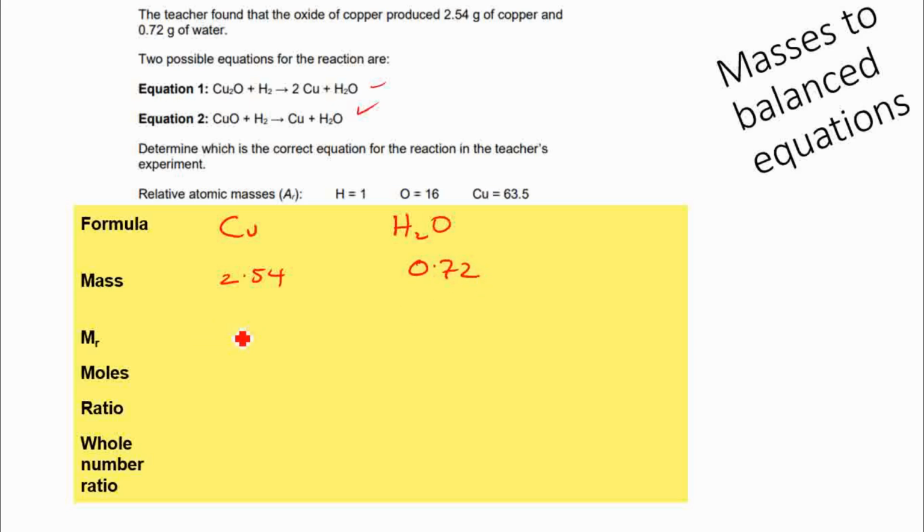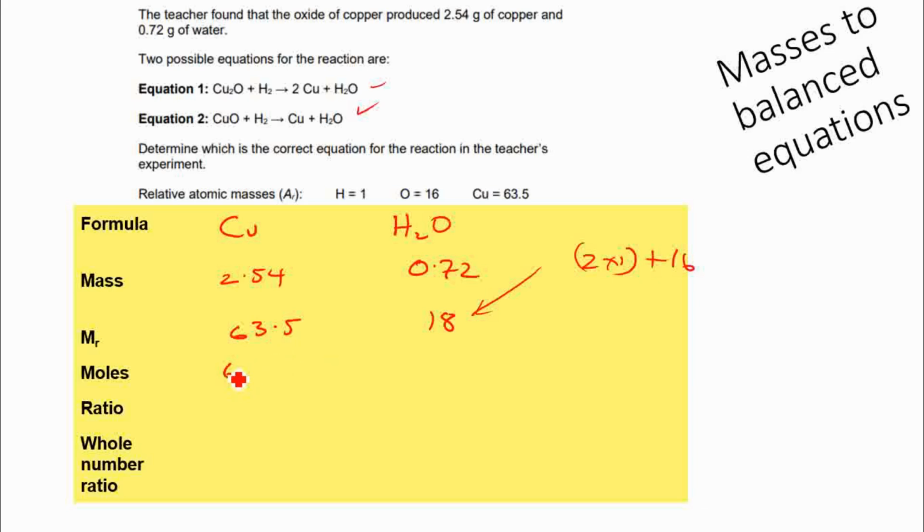So the MR, or in this case AR for copper, is 63.5, and for water it is 18. Just to be clear, where am I getting that 18 from? It's 2 times 1 plus 16, which is the MR.